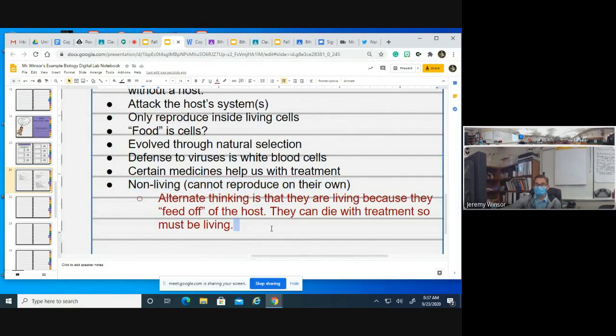Do we know anything else about viruses? Sometimes they what? Sometimes these are DNA and RNA. Interesting. They use DNA and RNA inside of the host body.